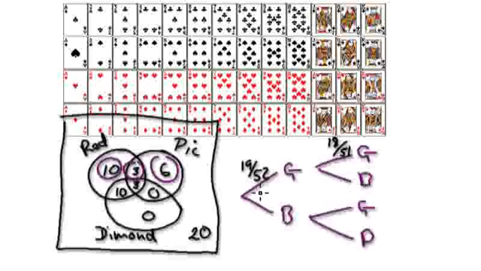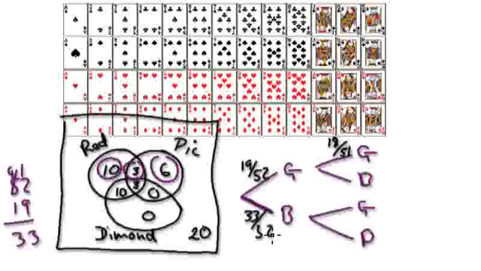So your tree diagram would look something like this. The bad branch down here would be 52 take away 19, so 52 take away 19 is 33. So here would be 33 over 52.